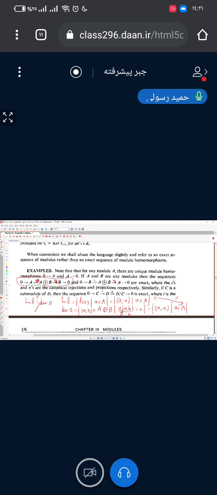And we know that L is one-to-one, or injective, since it is an injection. And we know that projection epimorphisms are always surjective. So image of L equals kernel of P, and I showed this.